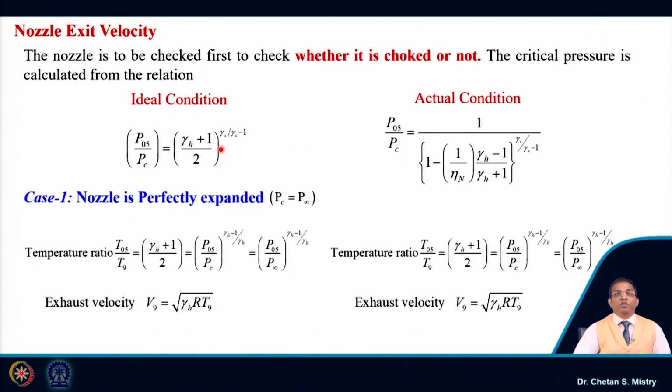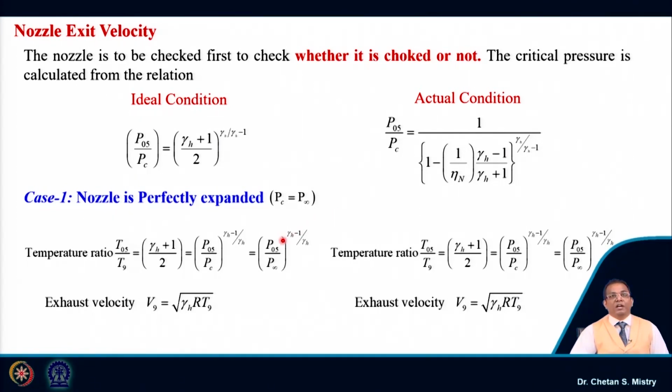Here let me introduce a parameter called nozzle efficiency. This is a way by which we can calculate the ideal condition, meaning we consider our nozzle efficiency to be 100%, and here we introduce the term called nozzle efficiency. Let us consider the first case, where my nozzle is a perfectly expanded nozzle.